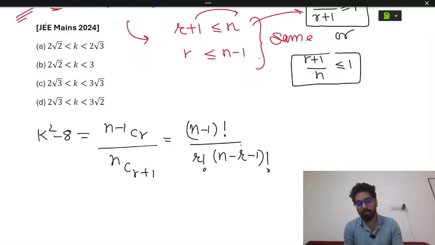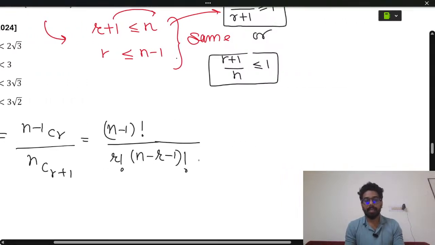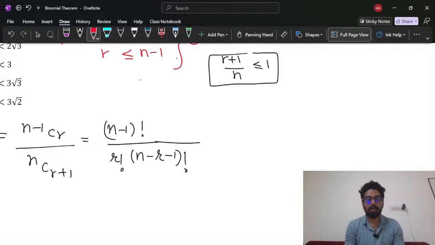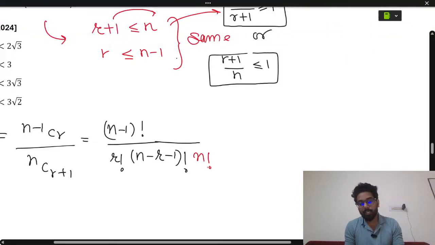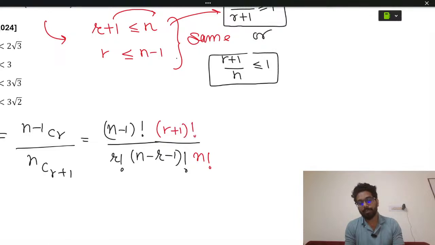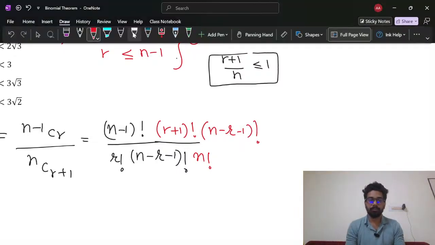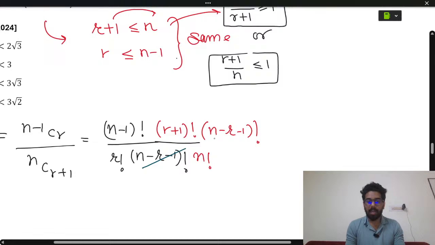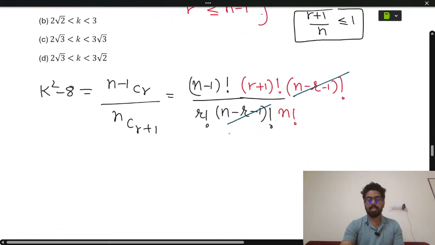This is what you will have. And when you open this, what will you have? It's n factorial divided by (r plus 1) factorial times (n minus r minus 1) factorial. This part is cancelled with each other.